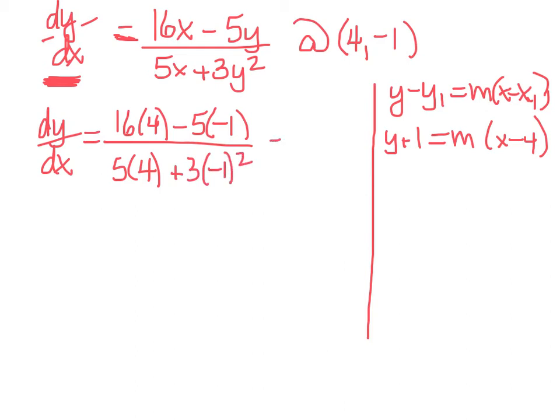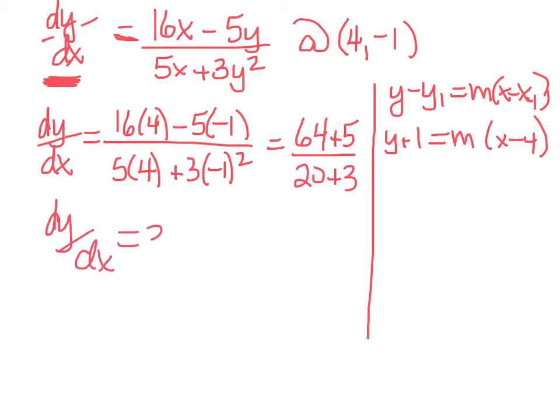So we end up with 64 plus 5 over 20 plus 3, which is 69 over 23, which when we reduce that will give us 3.